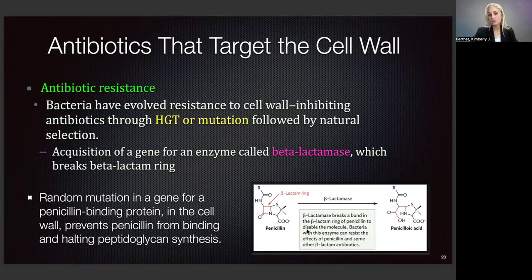So with horizontal gene transfer, we have conjugation, microorganisms connecting to one another, cell-to-cell contact, cell sex through a pilus, exchanging genetic information. We have transduction, which is using a bacteriophage, which can bring in genetic material from one cell to the next. And we have transformation, microorganisms picking up exogenous DNA in the environment around them.